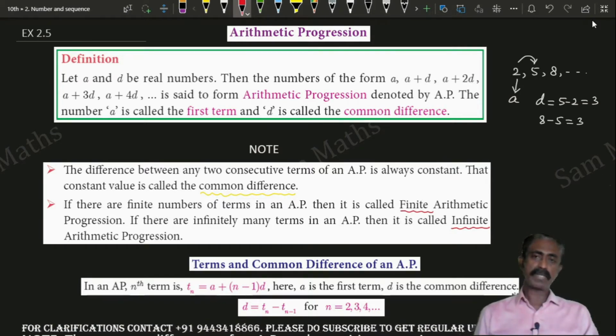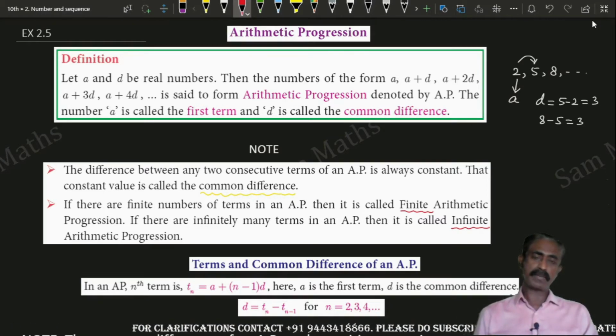Terms and common difference of an AP. In an arithmetic progression, the nth term is given by Tn is equal to A plus n minus 1 into D. Here A is the first term, D is the common difference.